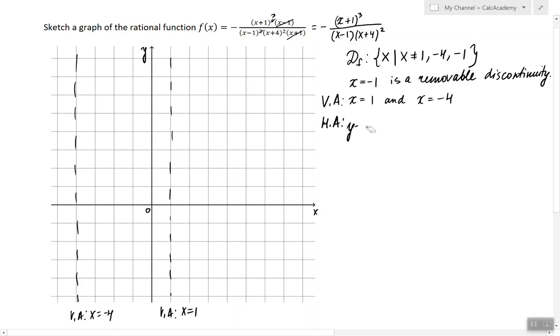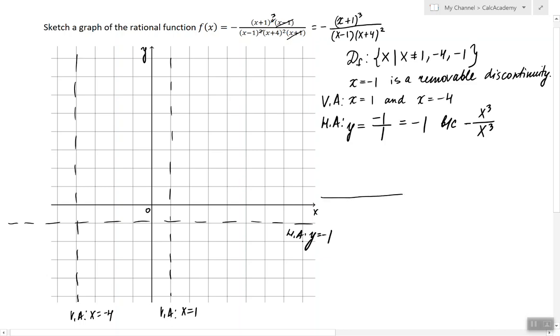So let me write it cleaner here. The horizontal asymptote is just the ratio of the leading coefficients, which is -1, because the degree of the numerator is the same as the degree of the denominator. So we can also graph that line. This horizontal line is our horizontal asymptote, y equals -1. The rest of the graph we'll figure out from the sign chart.